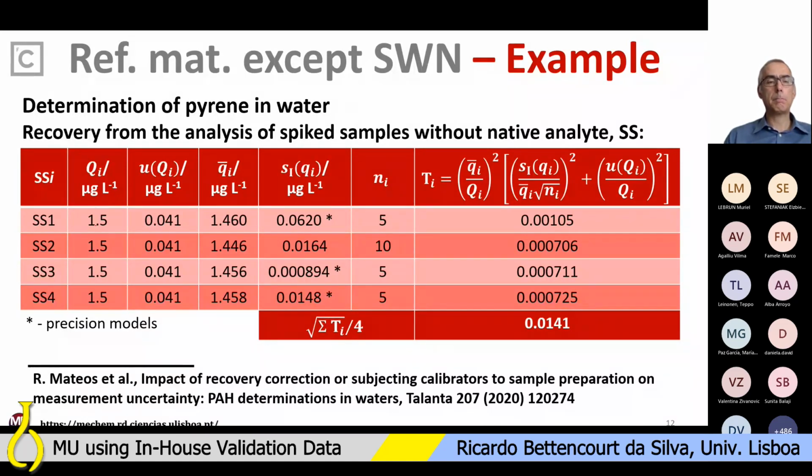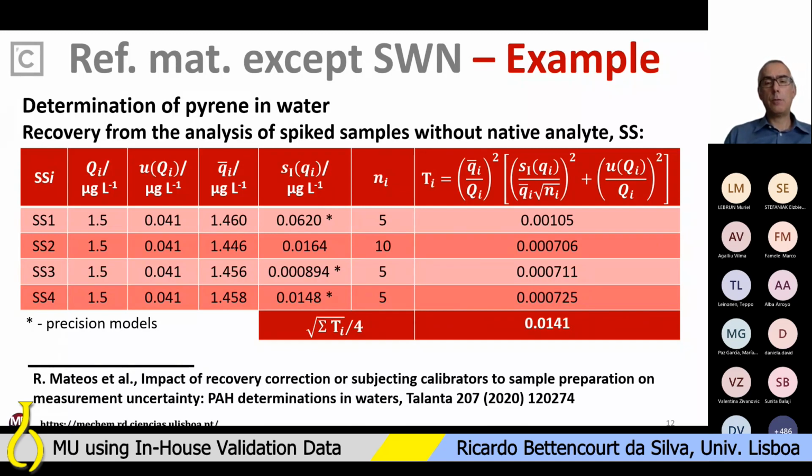Here we have different natural waters and one treated wastewater. They were spiked at this mass concentration. This is the uncertainty of the spiking. The samples had no native analyte, of course. And then this is the mean of the measured value.